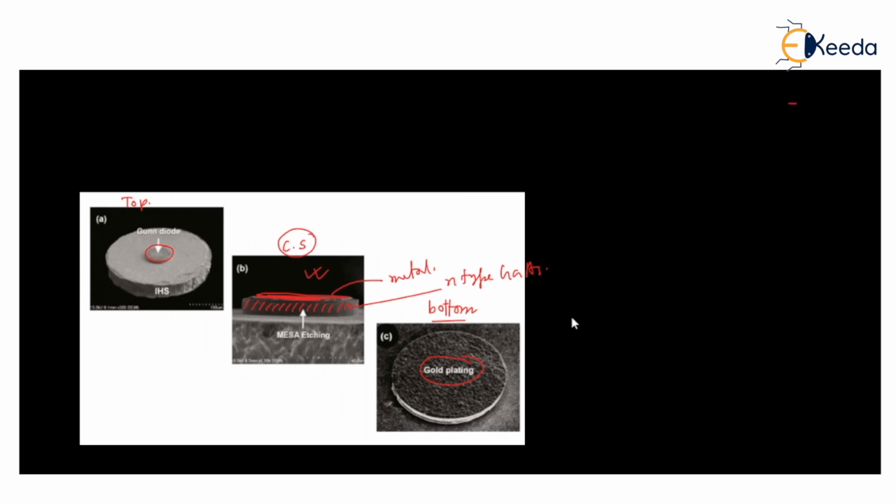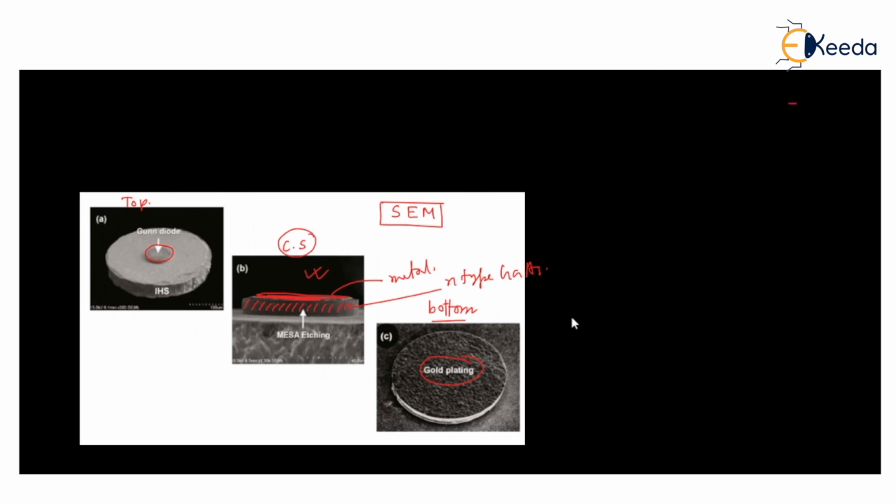There is also a metal layer. These are scanning electron microscope pictures of a real-life gallium arsenide Gunn diode.